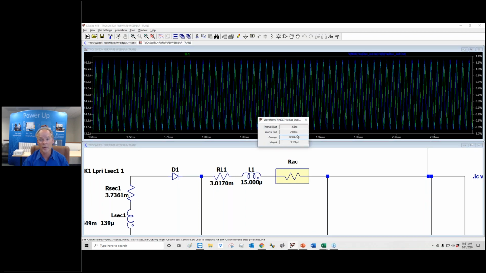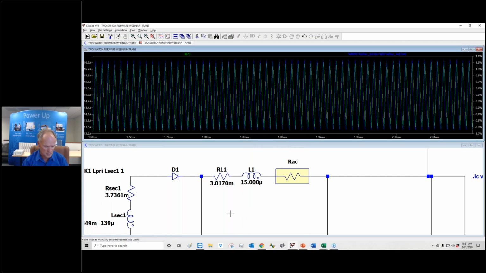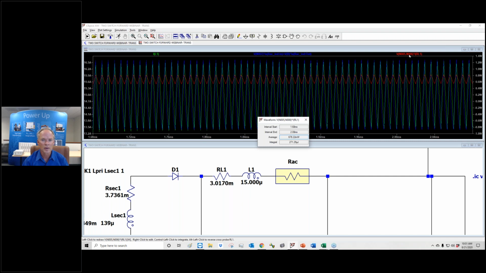This has only got 32 milliwatts of AC power. That's because there's very little AC current flowing at that frequency. And then everything basically is DC dissipation. So here's the DC dissipation, and that's the 0.75.